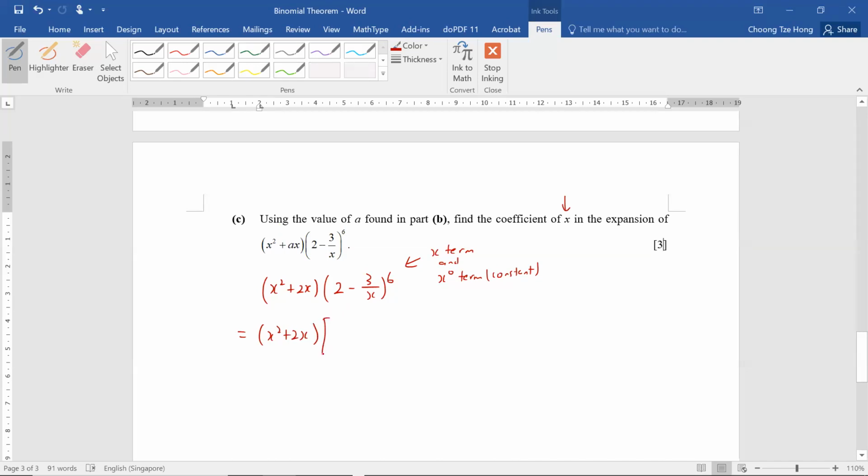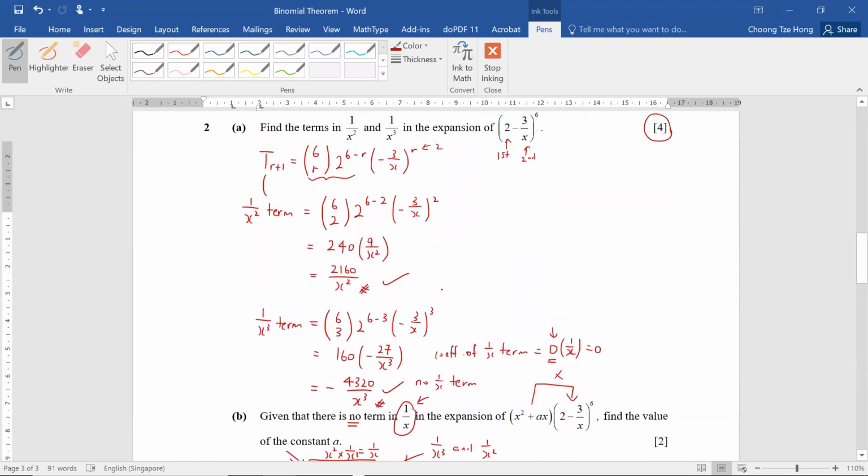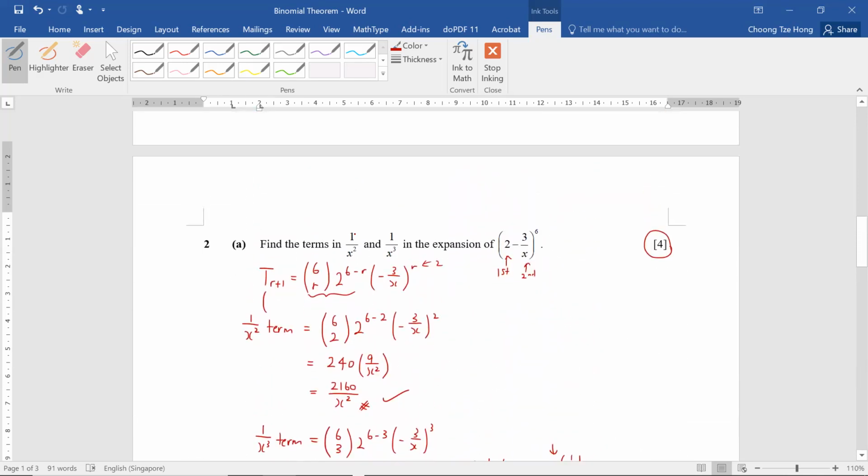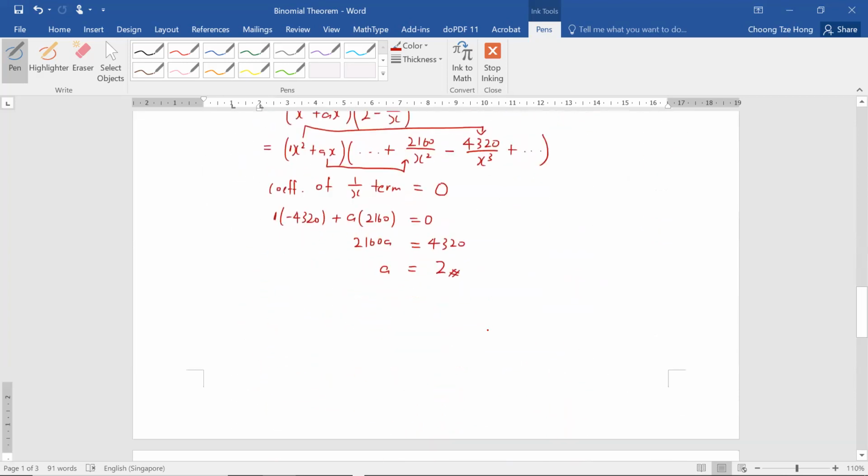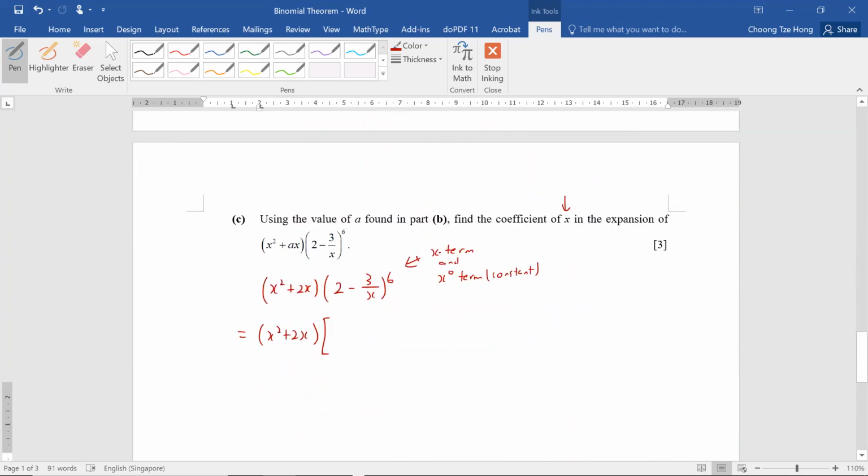Which one will give me the x power 0 term? Remember, go back all the way to the general term. If we want x power 0, then r will be 0, that means 6 choose 0. If I want the x to the power 1 term, the x term, then it will be 6 choose 1.